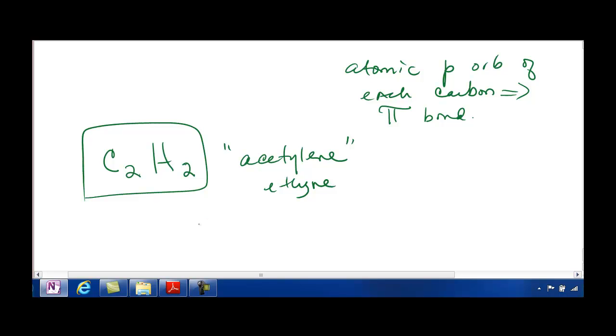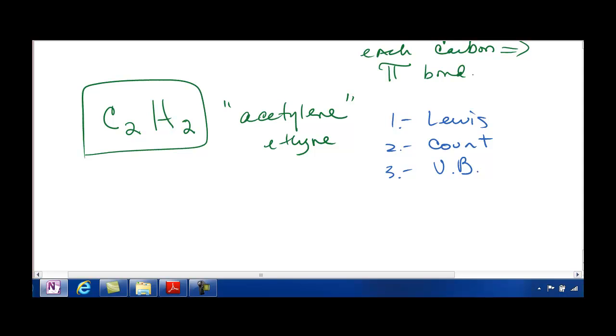Okay, so what is the first thing you do? Lewis dot. And what is the second thing you do? You count. So step 1 and step 2 are not new. The only thing I'm adding is step 3, which is valence bond. How did 2 carbons and 2 hydrogens bond together? How do we explain that?